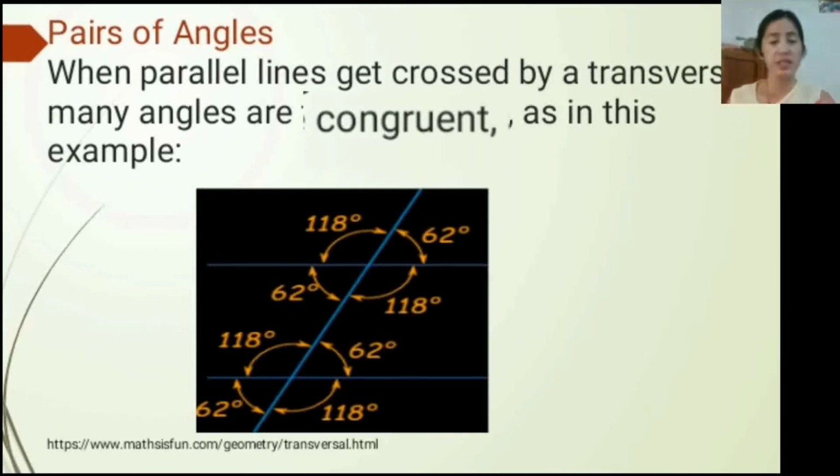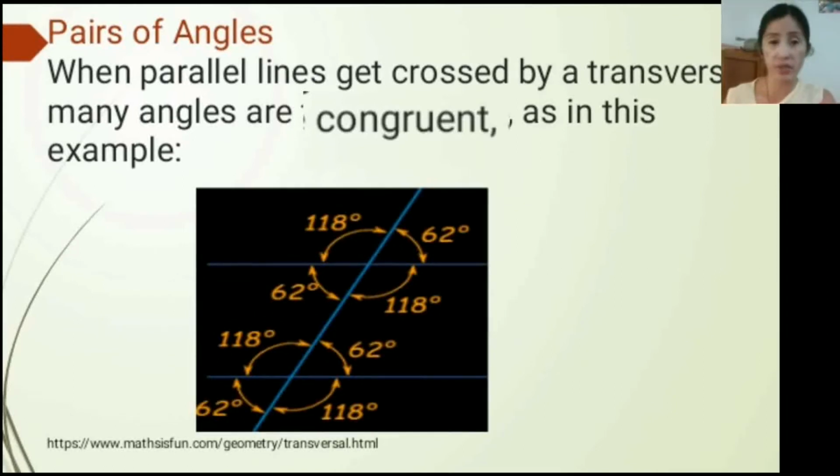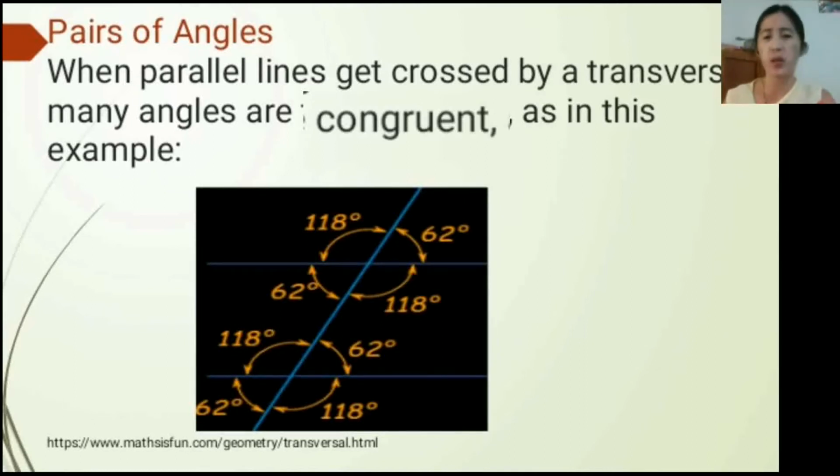Okay, let's take a look. There are pairs of angles that are formed when a pair of parallel lines got crossed by a transversal. It says here, when parallel lines get crossed by a transversal, many angles are congruent, as in this example. Here, there's 118 degrees.